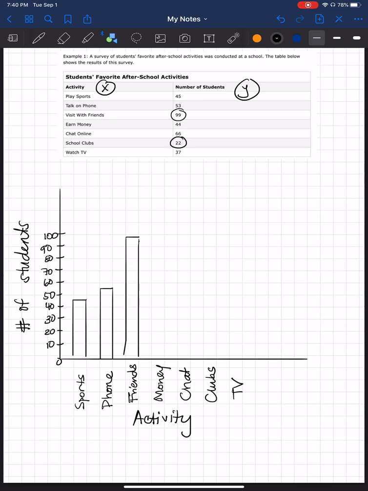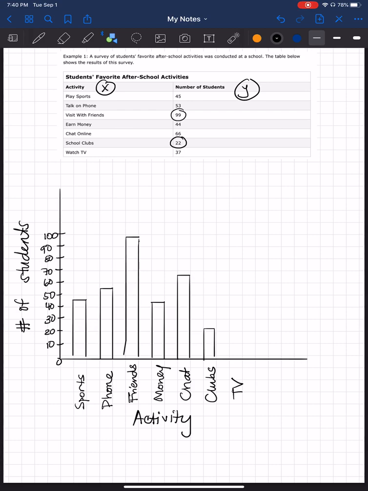Money is 44, so that's going to be a little bit closer to that middle mark, but not quite. Chatting online is 66, so between 70 and 60. Clubs, we got 22, so it's just a tiny bit over that 20 mark.